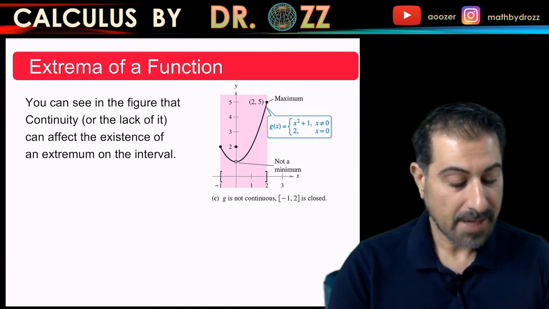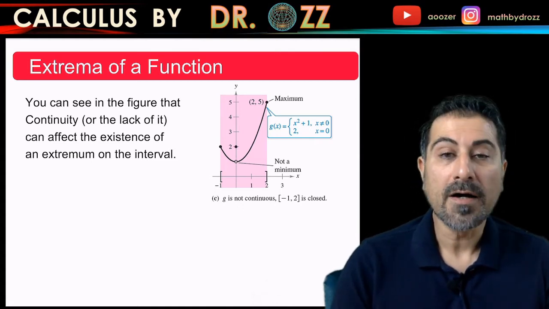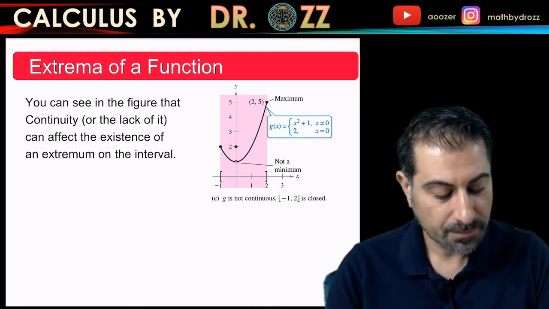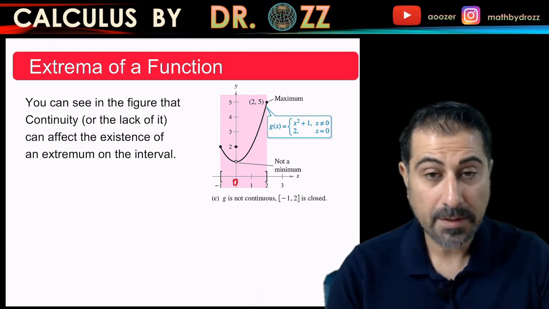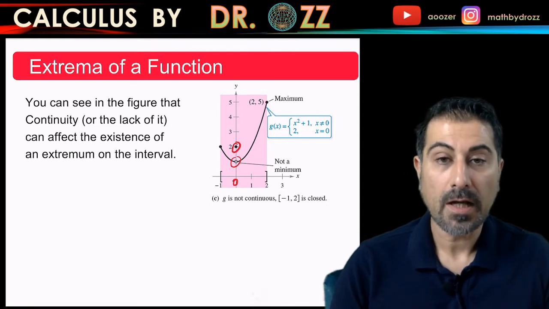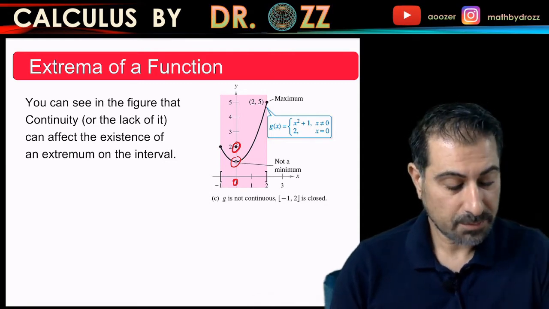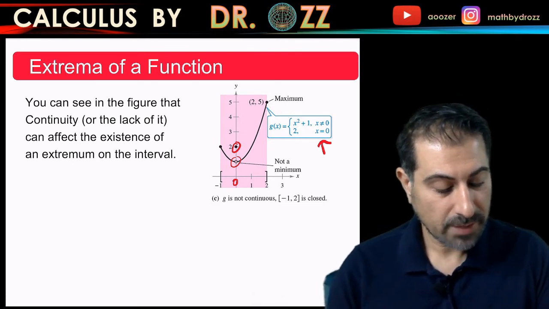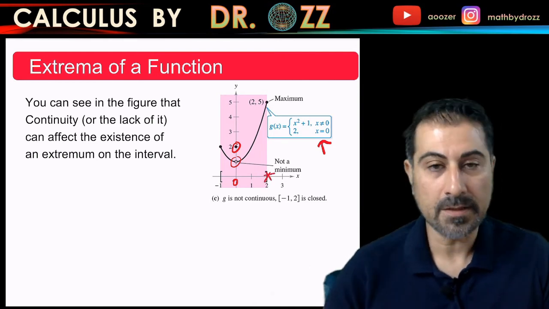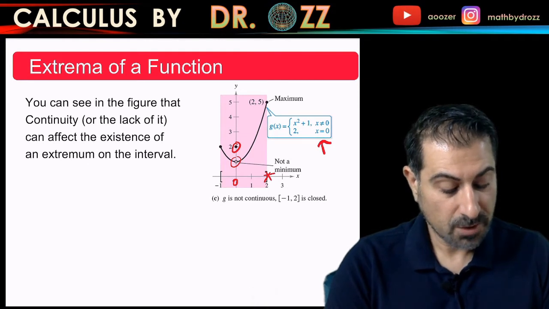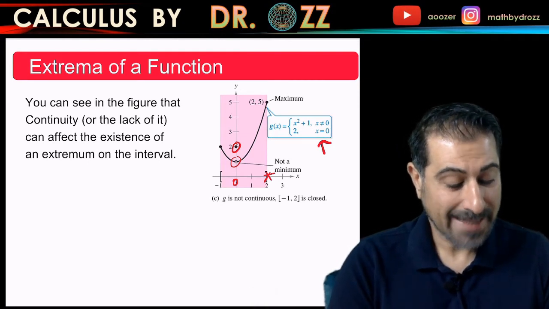Then we do not have a minimum, because at x equals 0 there's a punch here, as the function takes the value of 2 instead of 1. It's a piecewise defined function, so this breaks the continuity. The function takes the maximum value at the point x equals 2, but there is no minimum value to be achieved.